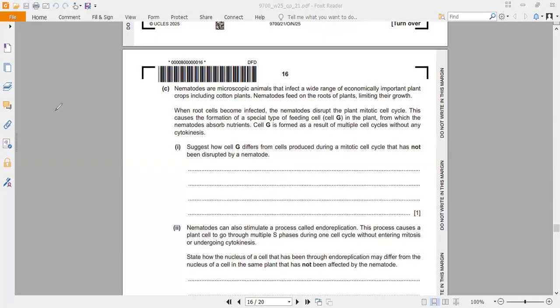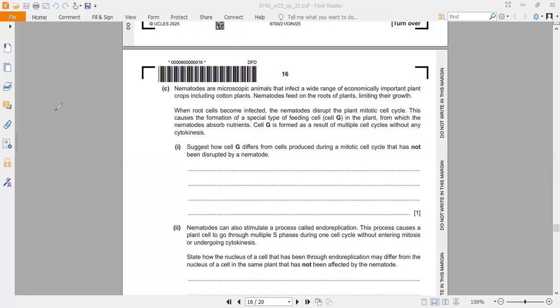So we are going to look at the difference between these cells. Again, the question is we have to suggest the answer. So we can write that a normal plant cell has a single nucleus, whereas cell G will contain multiple nuclei because the nucleus has divided several times without the cell itself splitting.